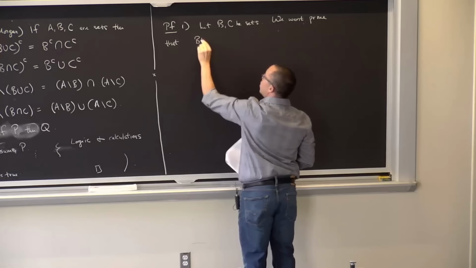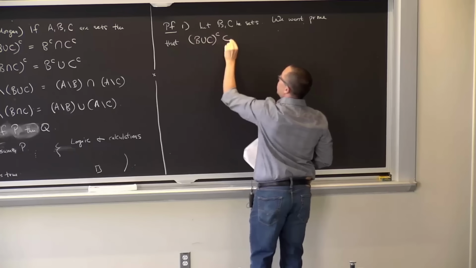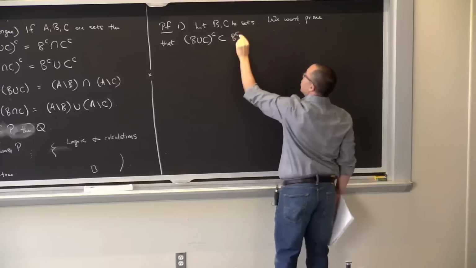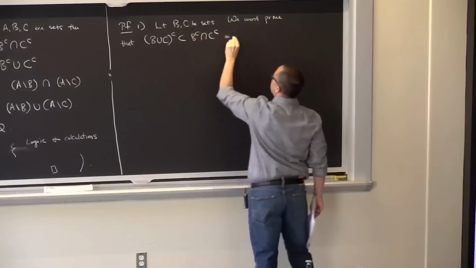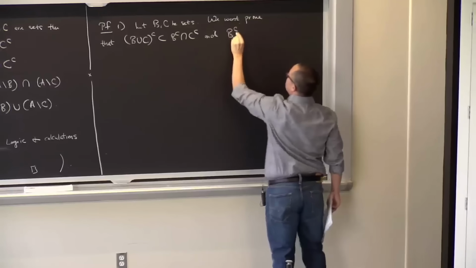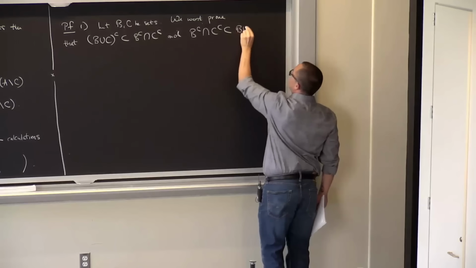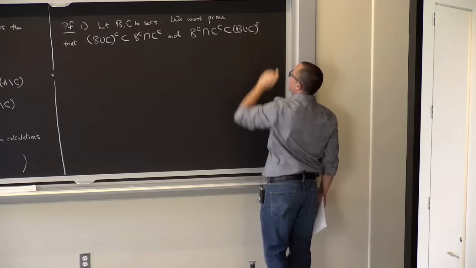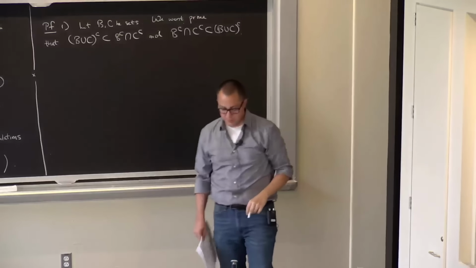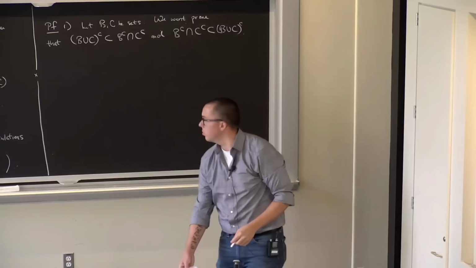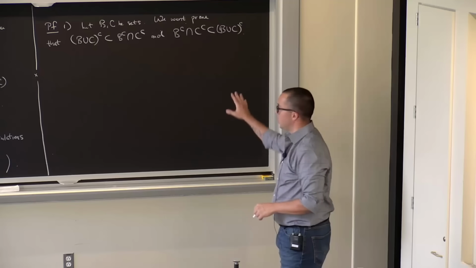So we want to prove that this is a subset of B, and the other way around. That's what the equality means.